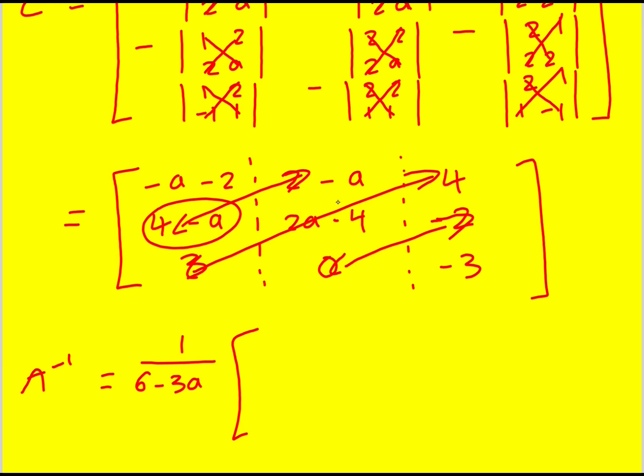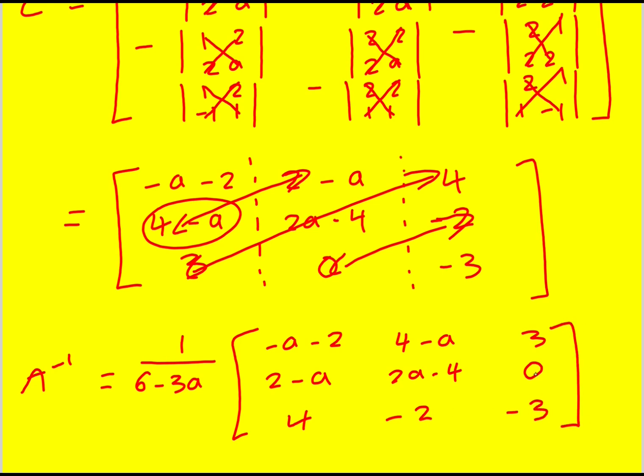Some of them stay where they are, but otherwise they swap around like that. So I'll get minus a, minus 2, 4 minus a, 3. Then 2 minus a, 2a minus 4 stays the same, 0, 4 minus 2, and minus 3. And that is our inverse in terms of little a.